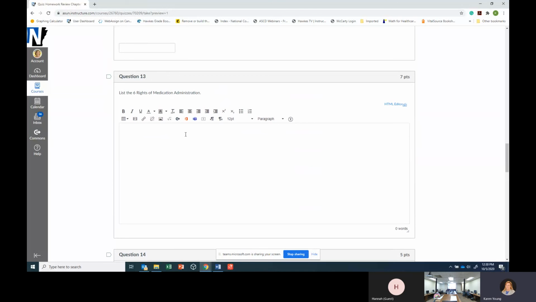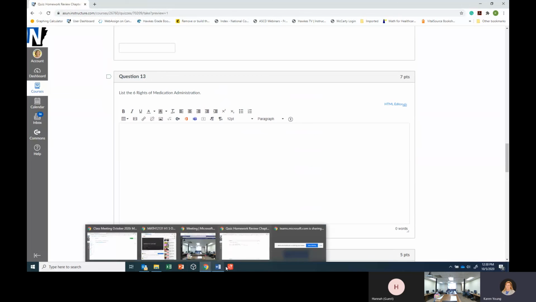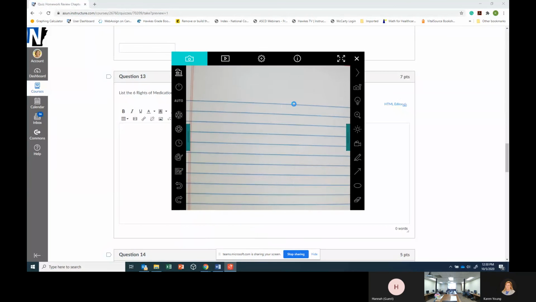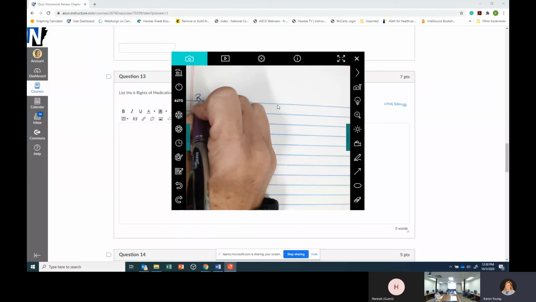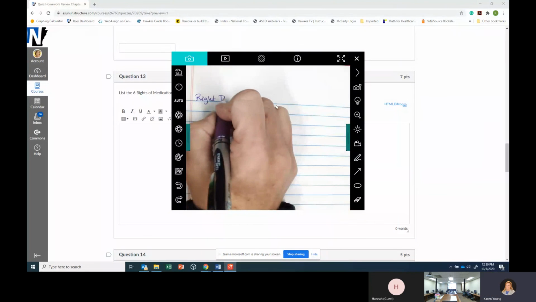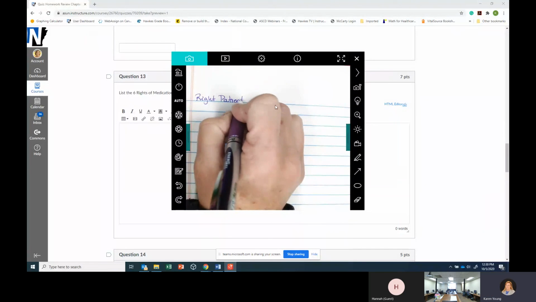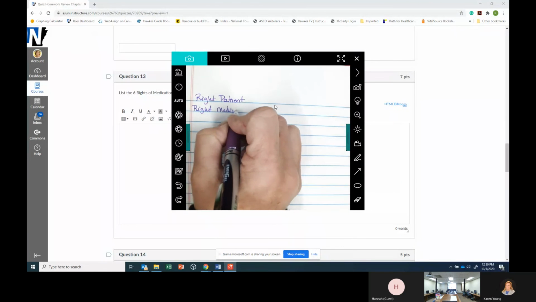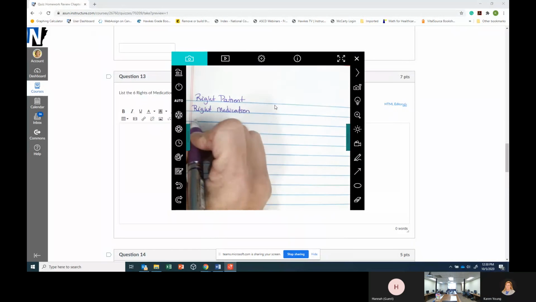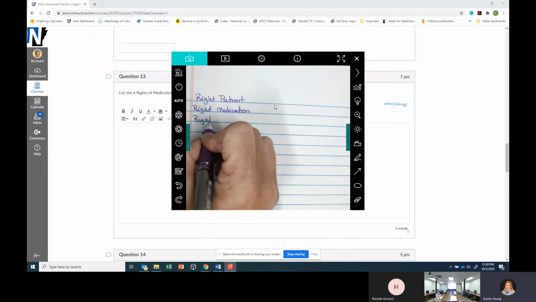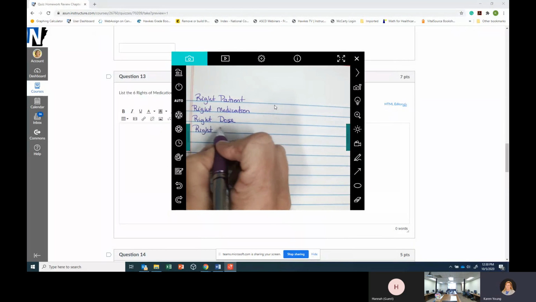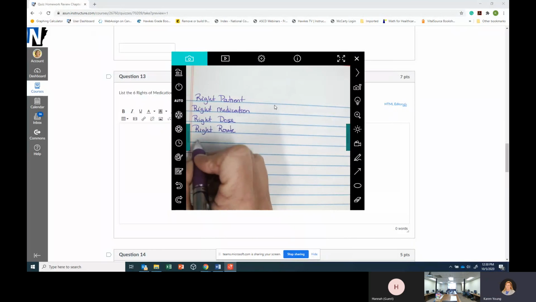I gotta write this down. So it's the right patient, the right medication, the right dose, and the right route at the right time, but this is frequency.